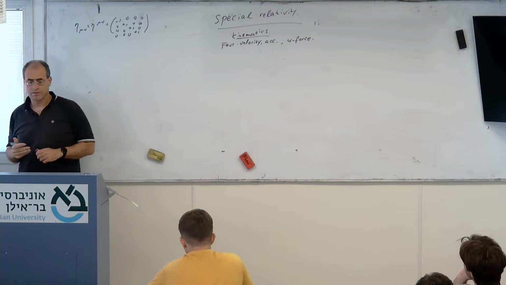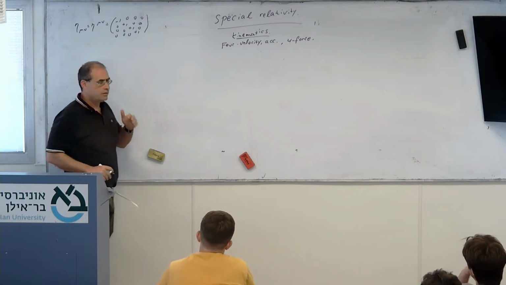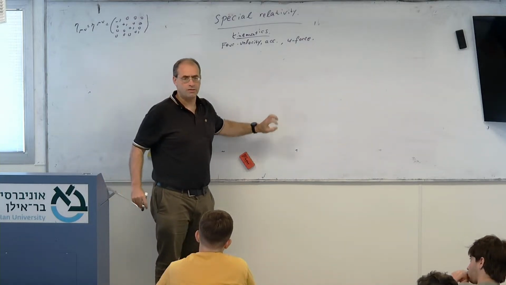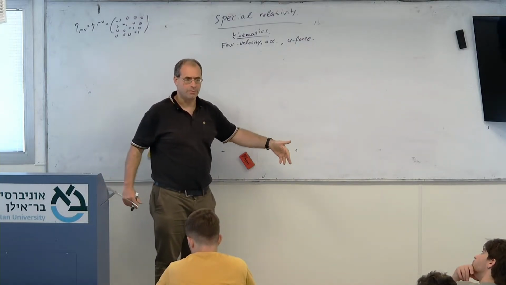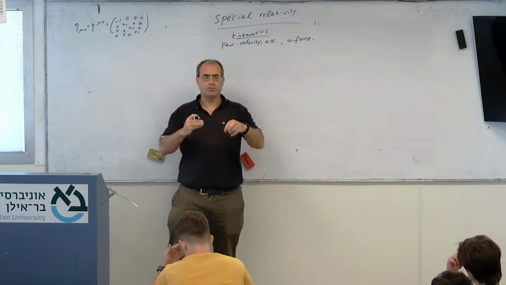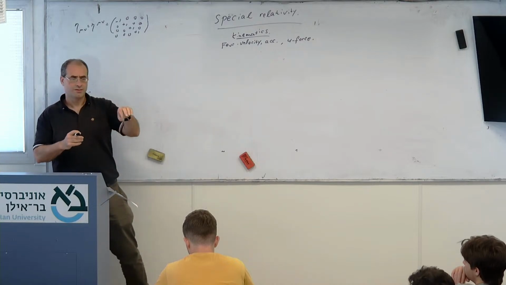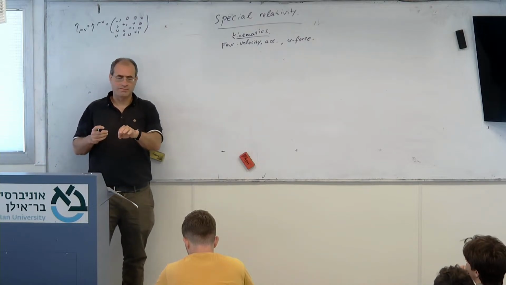We said that in Newtonian mechanics, we used to think of the problem in terms of the coordinates of an object as they change with time. Say you have two stars moving around each other, so you can specify the location in space, x, y, z, as a function of t.